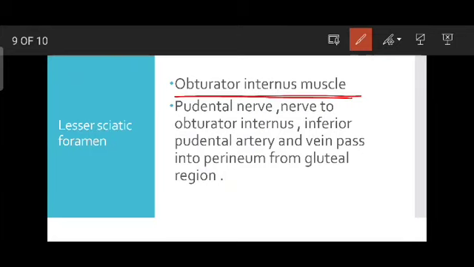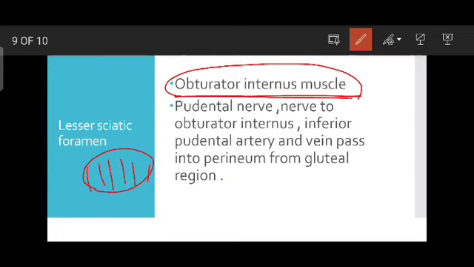Actually it originates from the inner surface of the obturator membrane, passes out of the pelvic cavity through the lesser sciatic foramen, enters the gluteal region, and is inserted into the medial surface of the greater trochanter.